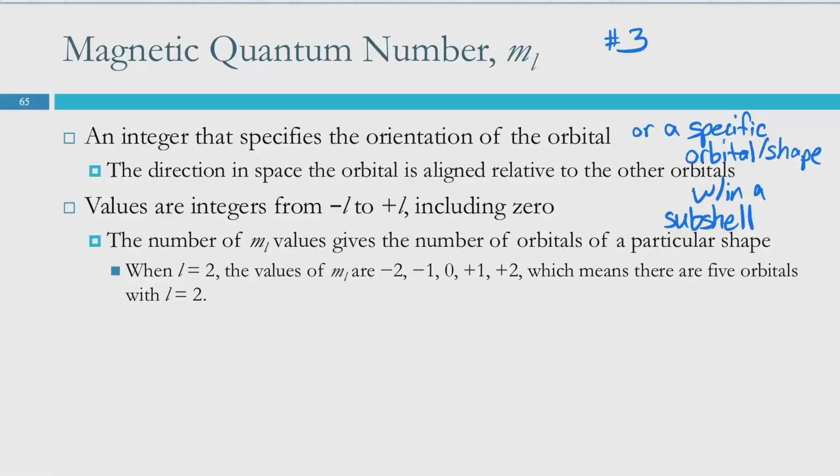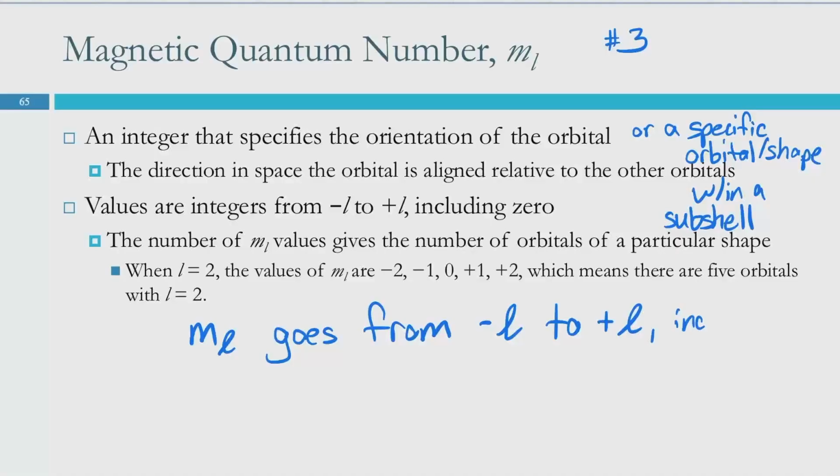So S, P, D, and F are 4 letters, or L equals 0, 1, 2, or 3. We've got different shapes within those sets of families that we will see pictures of. And M sub L is referring to which of those specific shapes we have. M sub L is based on L, so it goes from negative L to positive L, and this includes 0.